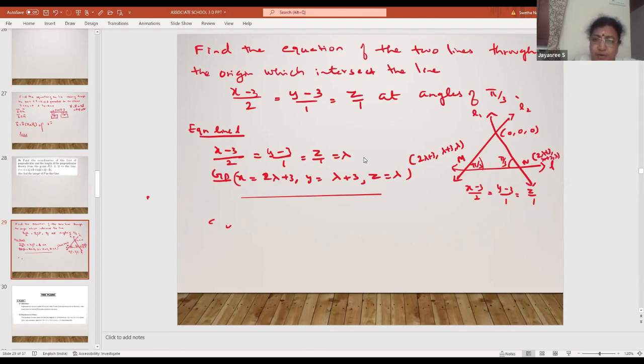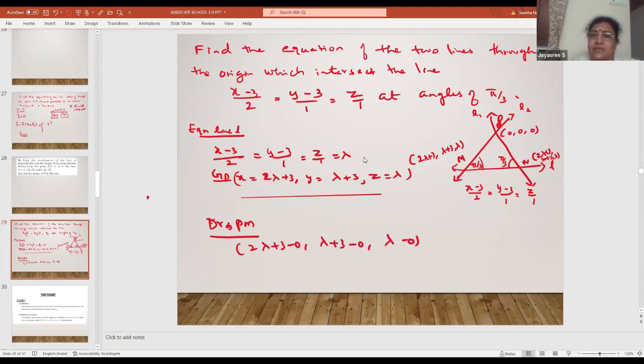Now I'm going to find the direction ratio of PM. I get the direction ratio of PM by subtracting point P from point M. Point P happens to be 0, 0, 0. Subtraction becomes 2 lambda plus 3 minus 0, lambda plus 3 minus 0, lambda minus 0.